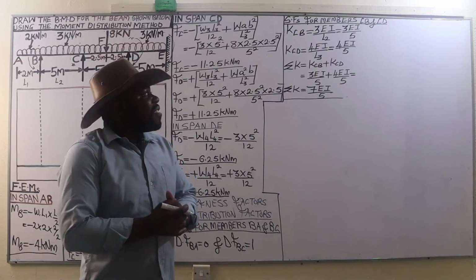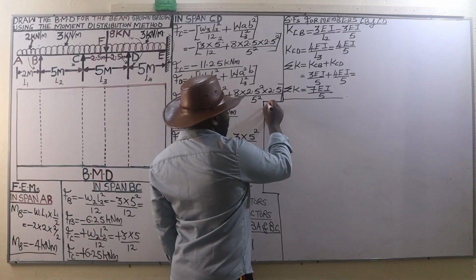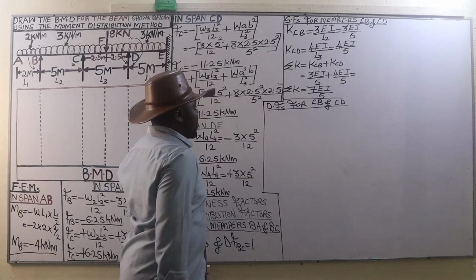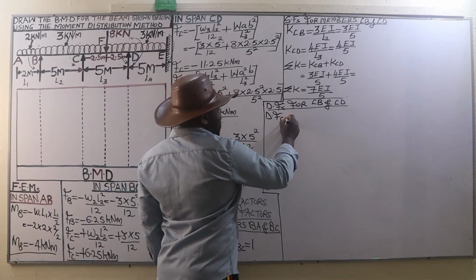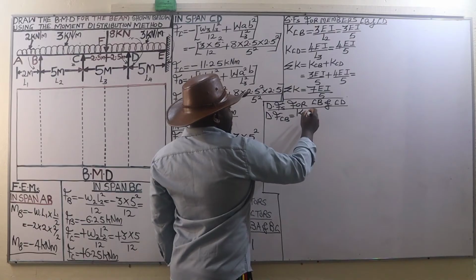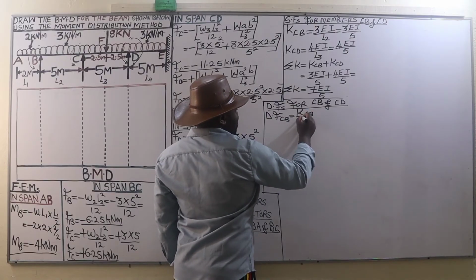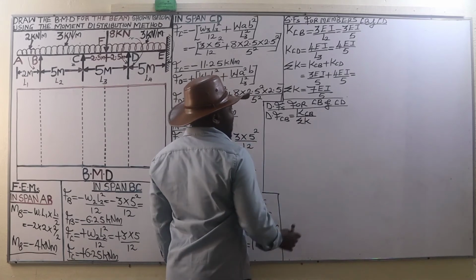Now, after calculating the stiffness factors for members CB and CD, the next thing we are going to determine is the distribution factor. The distribution factor for member CB will be given by the stiffness factor for member CB divided by the summation of the stiffness factors.